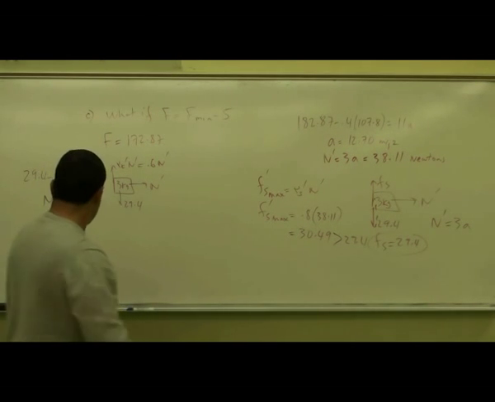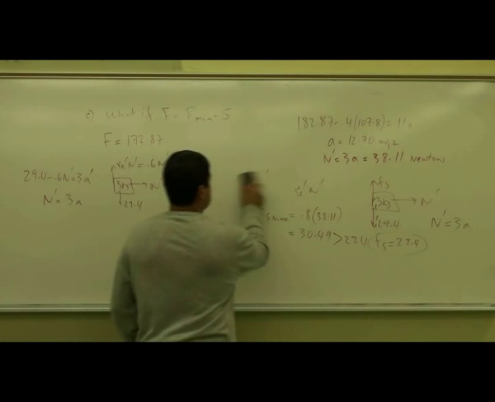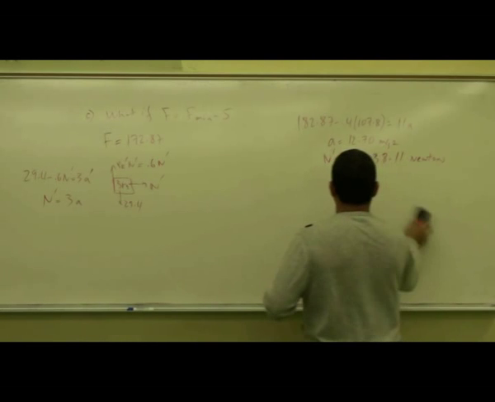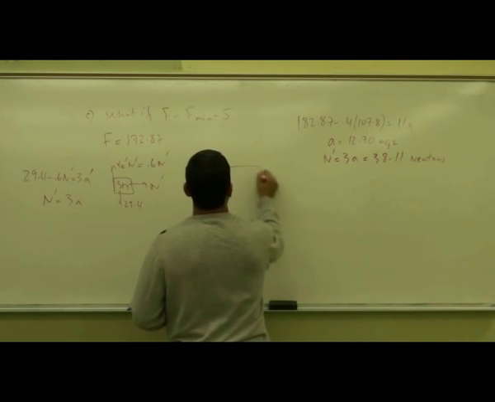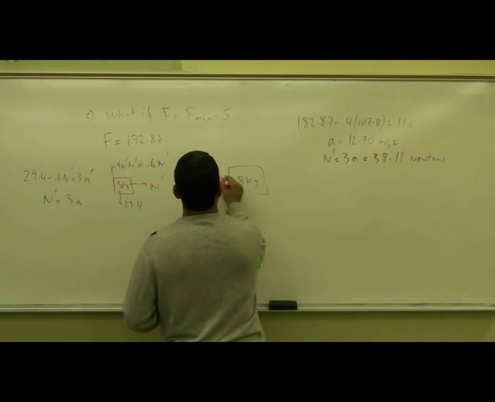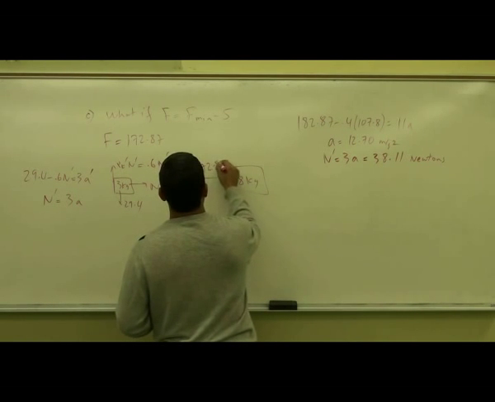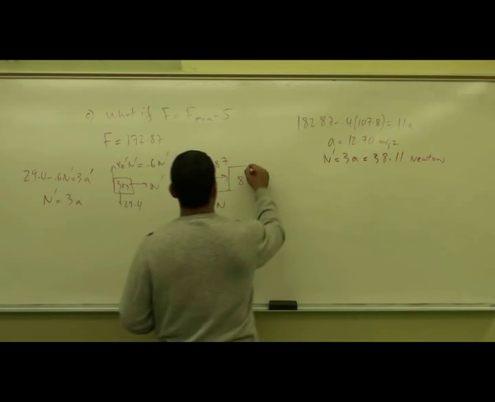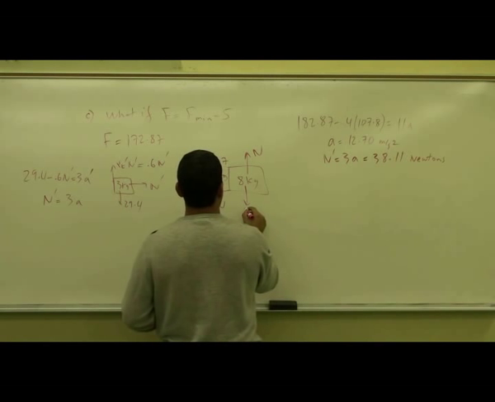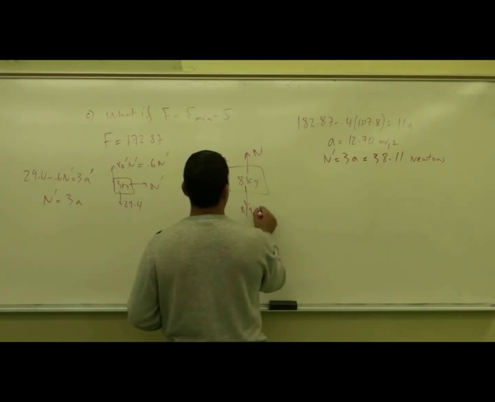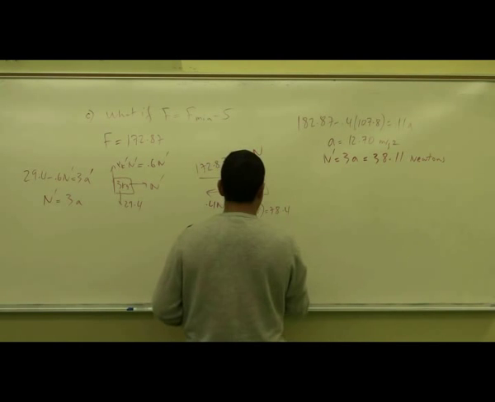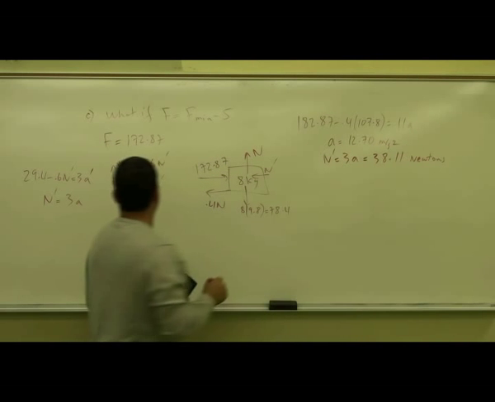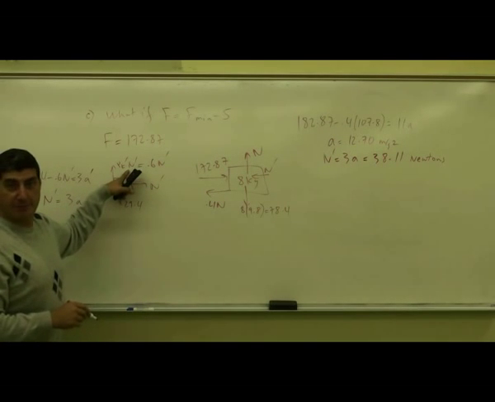Then you have the forces on the 8 kilogram block. So you have 172.87. You have 0.4 n. You have n. You have 8 times 9.8, which is 78.4. Then you have n prime. And then you have the opposite of this, right?